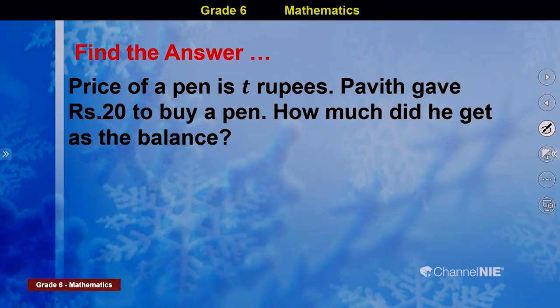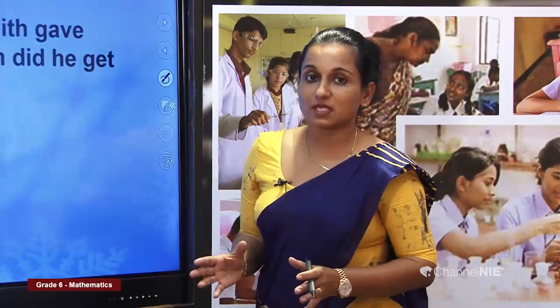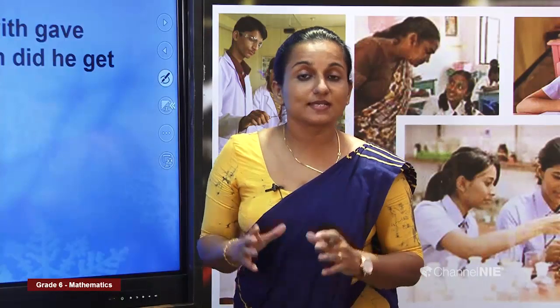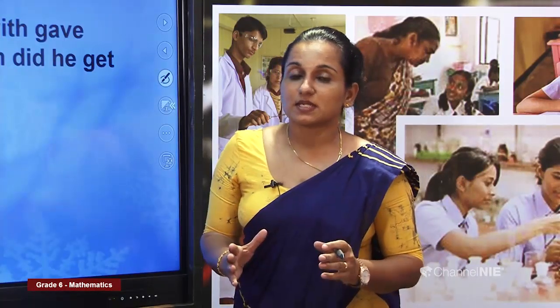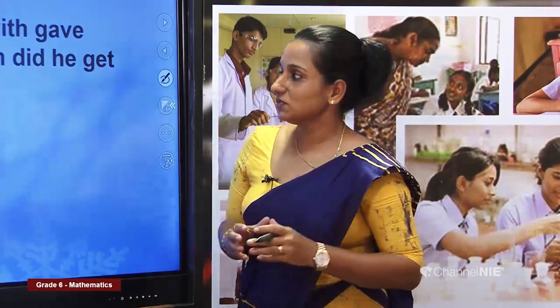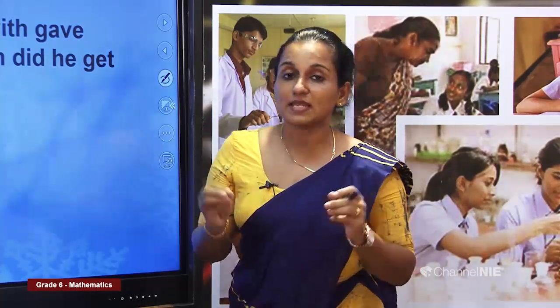Price of a pen is T rupees. Pavit gave 20 rupees to buy a pen. How much did he get as the balance? Now, can you see the price of a pen is given as T rupees. It is an algebraic symbol. Then what can you say about the balance?